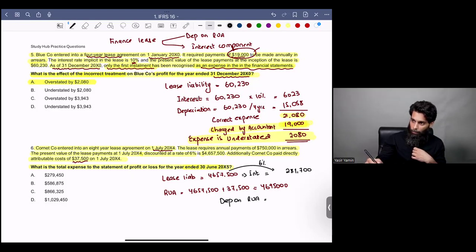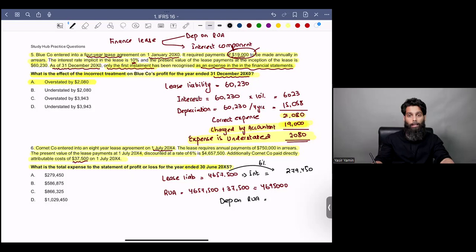Okay, so there is a number issue. Let me do it: 4,657,500 into 6%. I think the correct option is 279,450, right?